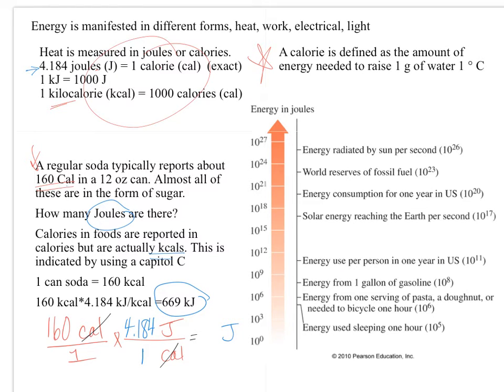This is indicated by the capital C. So there's a big difference, and I'll put it up here, between a calorie with a capital C and a lowercase c calorie. 1 dietary calorie, as I like to call it, is actually equal to 1,000 true calories, what we know of as a calorie and what was defined up here.